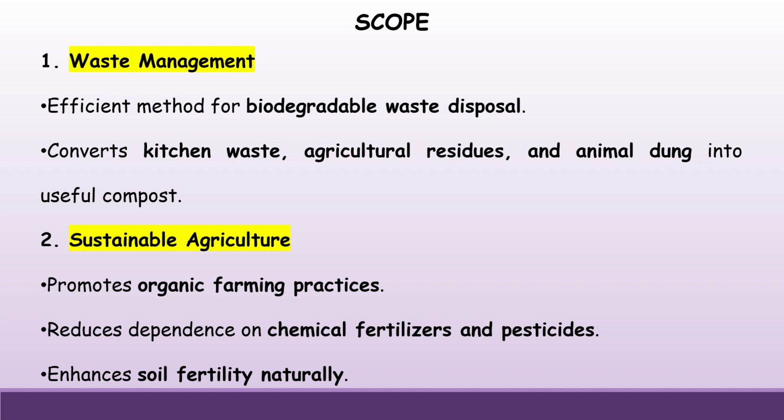It is also helpful in sustainable agricultural practices, which promotes organic farming and can replace the chemical fertilizers and pesticides we are using excessively nowadays. It even enhances soil fertility and rejuvenates the soil naturally.